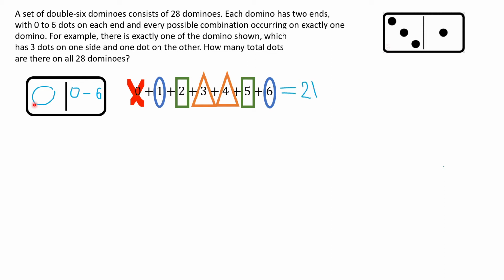Now, the other way to solve this problem is to notice that those numbers we have here, 0, 1, 2, 3, 4, 5, 6, are the terms of an arithmetic sequence, or arithmetic progression. And there's a well-known formula for the sum of terms of an arithmetic sequence.